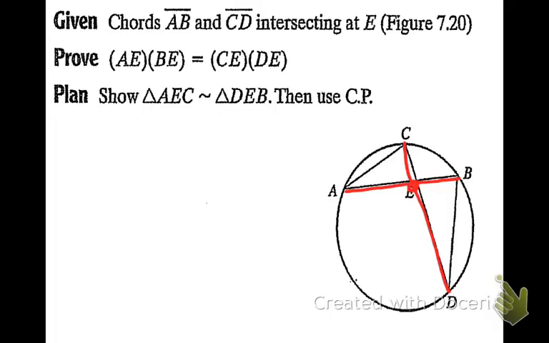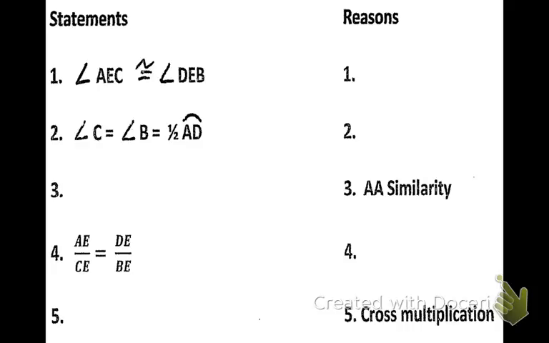To do that, we're going to show that this triangle and this triangle are similar using corresponding parts. So how do I know that angle AEC is congruent to DEB? Abby. Right, vertical angles. VA.